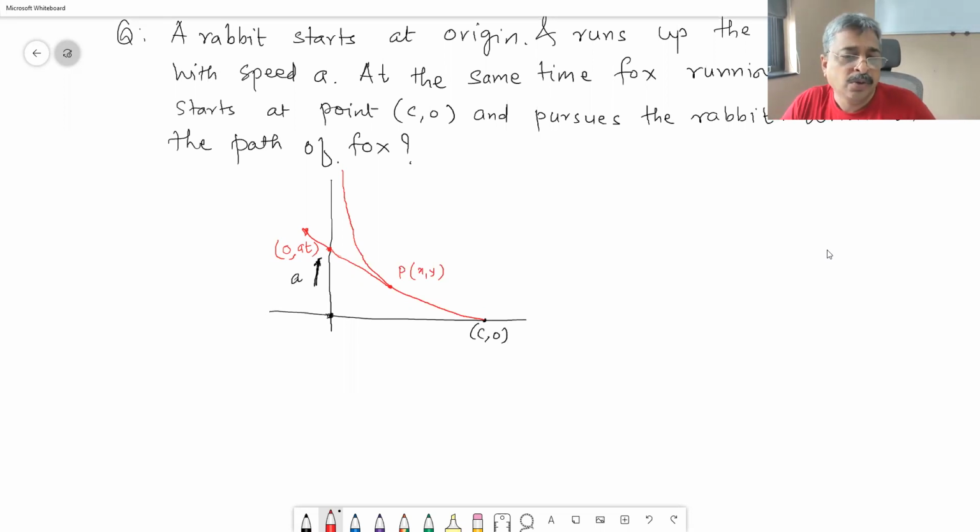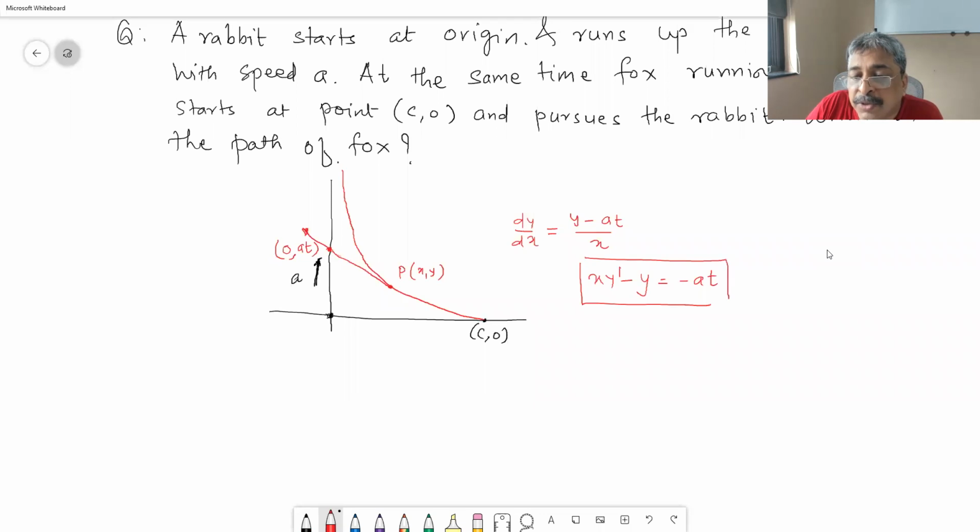So if this is (x, y) and this is (0, at), then we can write dy by dx at point P is going to be (y minus at) upon x. Is that correct? That gives us our differential equation: x y dash minus y is equal to minus at.